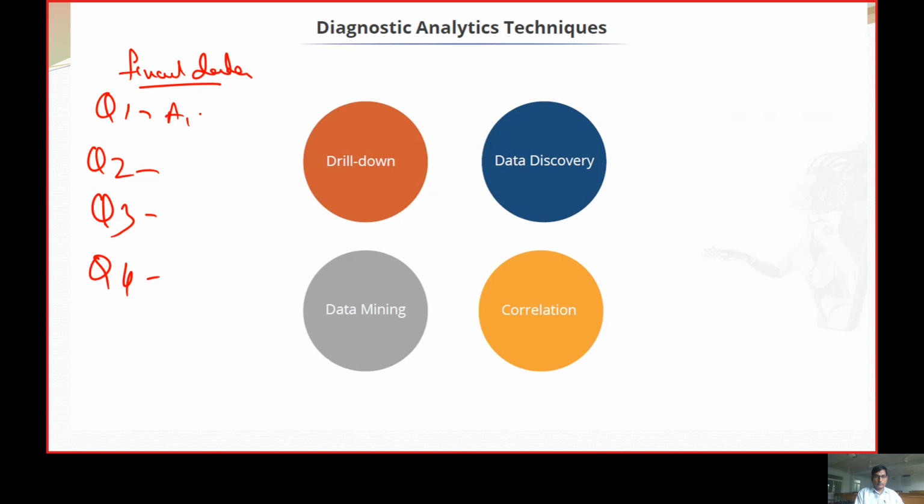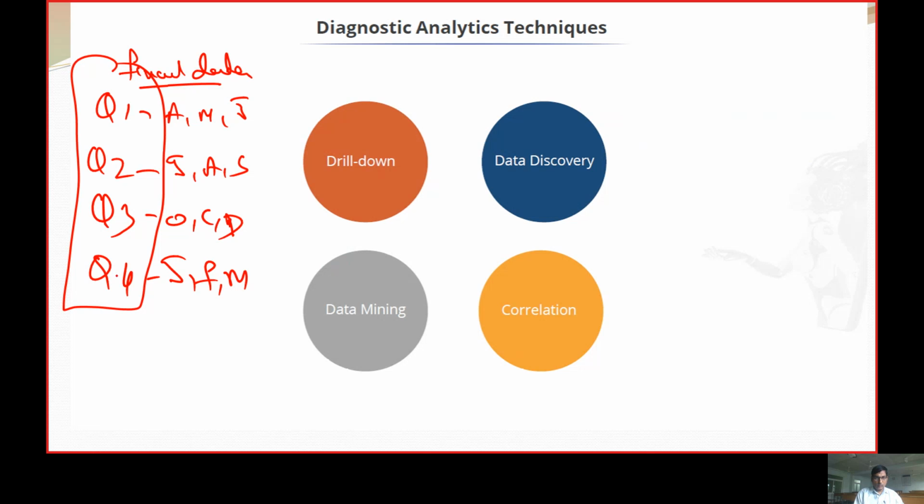Putting these 1, 2, 3, 4, we call it a drill up.